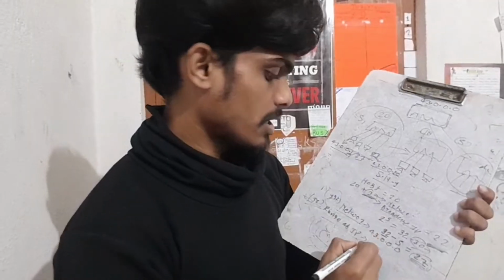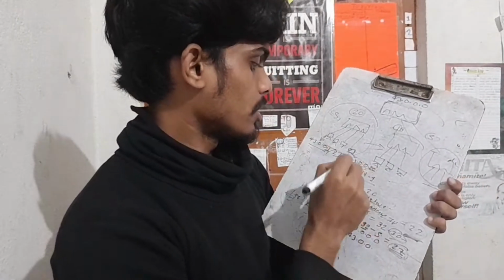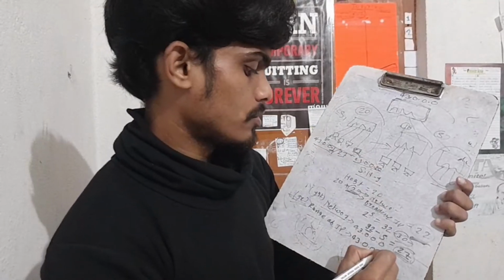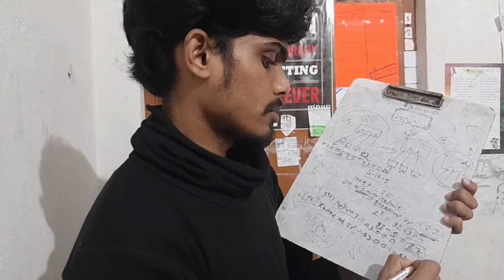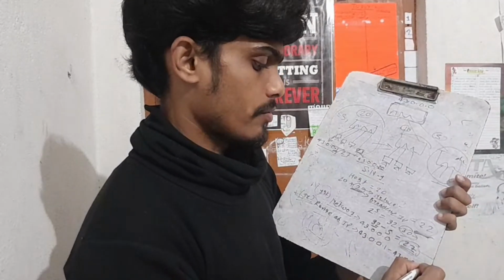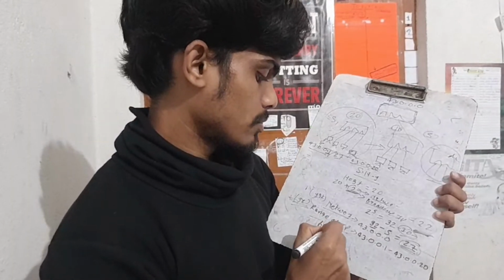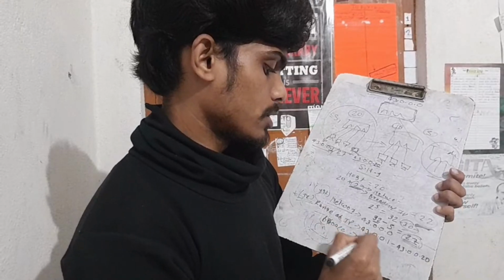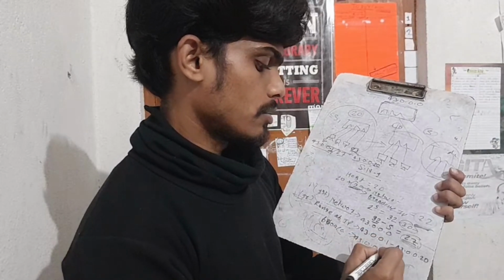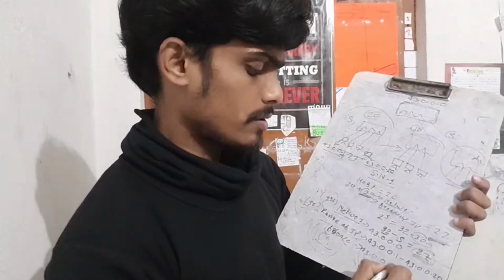So the range, firstly I have to write the range: 43.0.0.1 to 20. Fine. And the broadcast IP, that is the last one: 43.0.0.31.